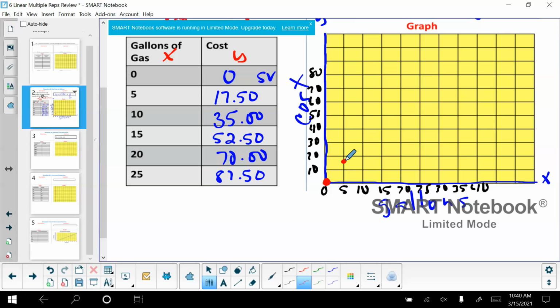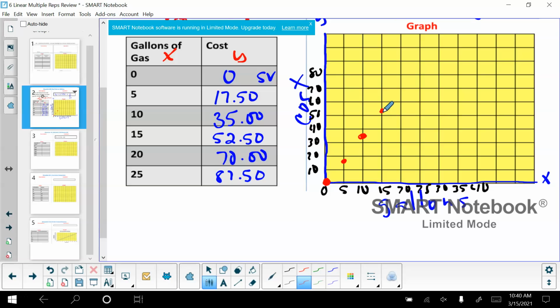The next one is at 10, 35, so that's exactly halfway between the 30 and the 40, so that's a little bit easier to do. The 15 is at 52.50, so it's between the 50 and the 60, but it's closer to the 50, so that looks about right.